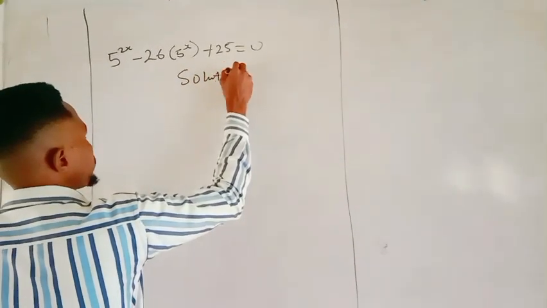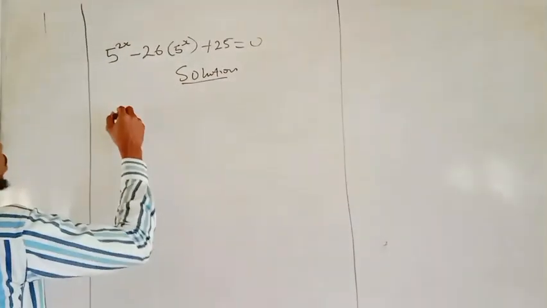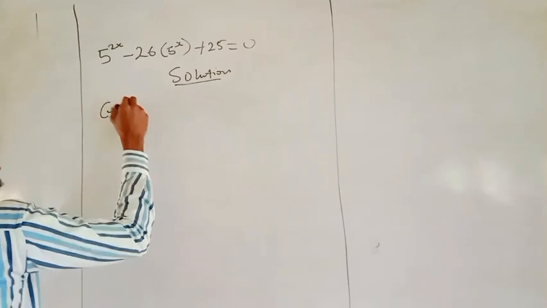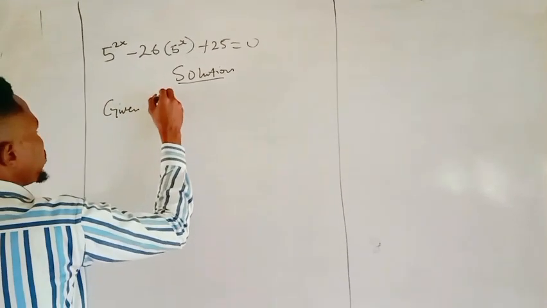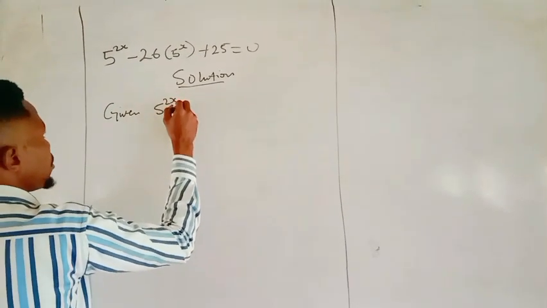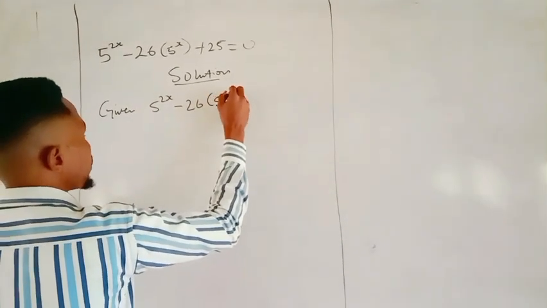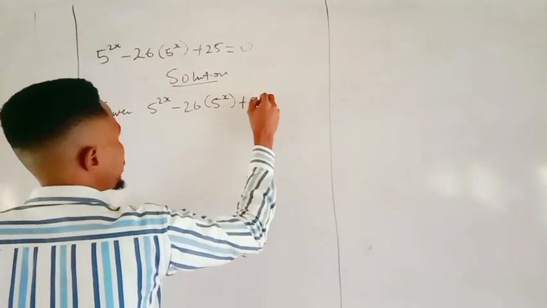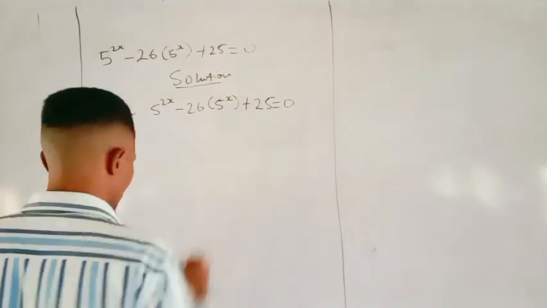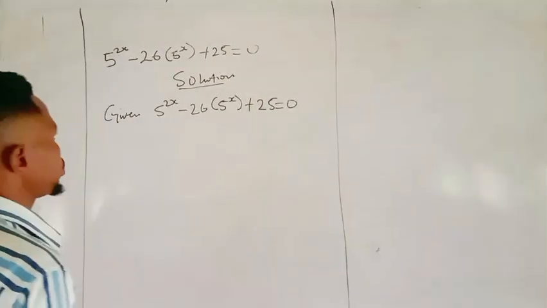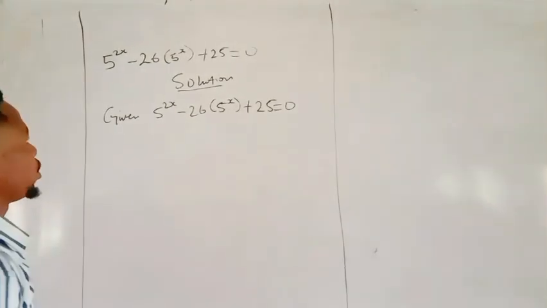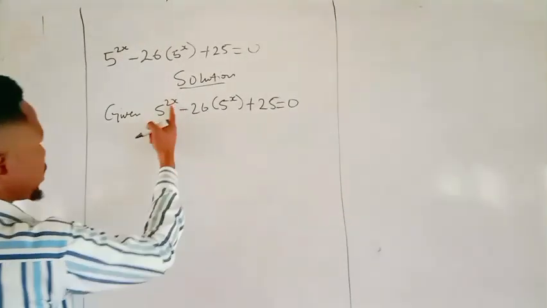Solution. So write down the equation given: 5 to the power of 2x minus 26 into 5 to the power of x plus 25 equal to 0. Now, the first thing we're going to do here is to factor this out.